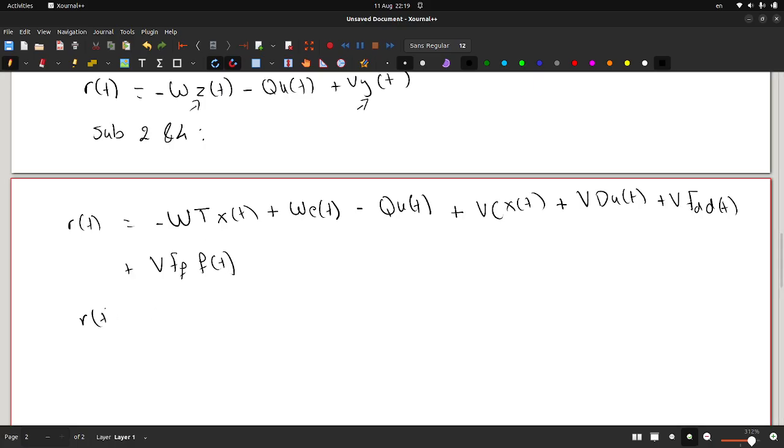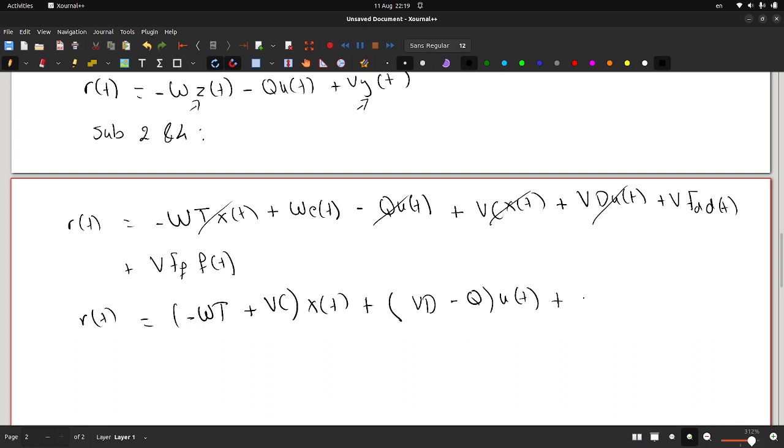Let's group terms as well. R of t is equal to x of t, so negative W T, done with this one, plus V C times x of t, we're done with that one, plus V D, done with this one, minus Q times u of t plus V F d times d of t plus V F f times f of t.